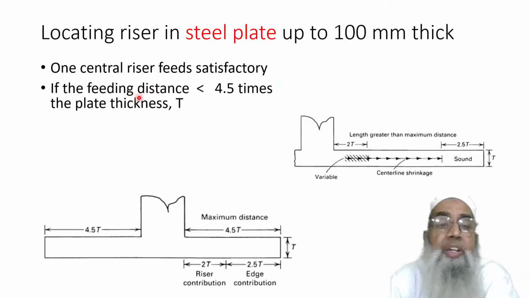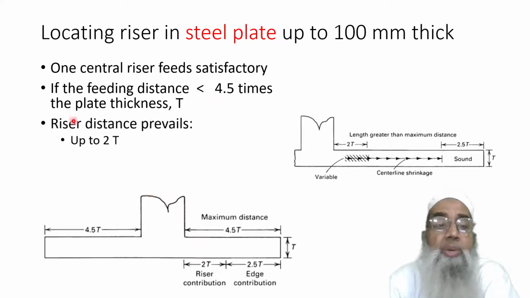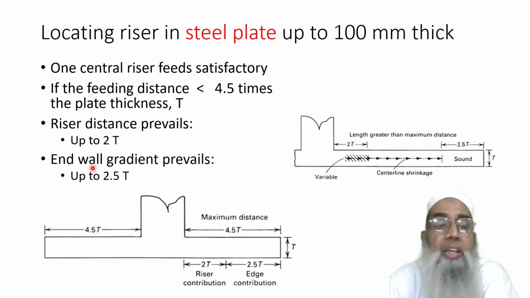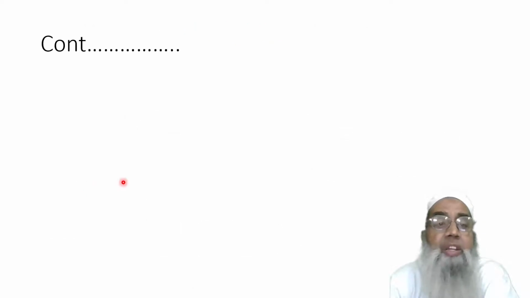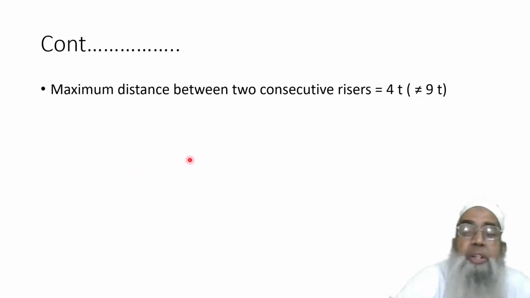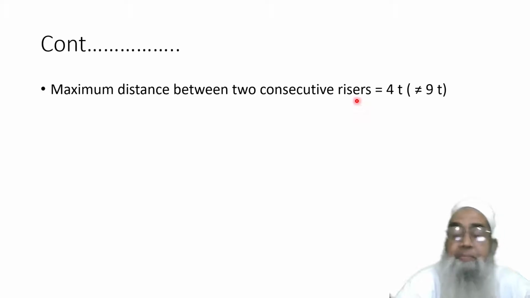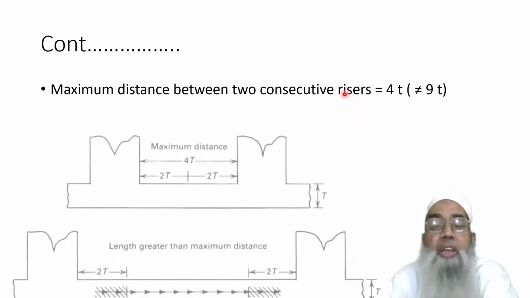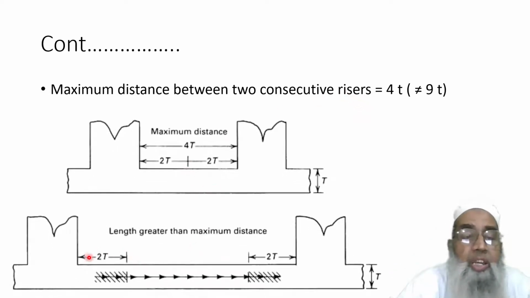Now, if the feeding distance is less than this, as we have discussed, the riser distance prevails up to 2T, while the end wall gradient prevails up to 2.5 T. The maximum distance between two consecutive risers will be 2T by one riser and 2T by another riser.